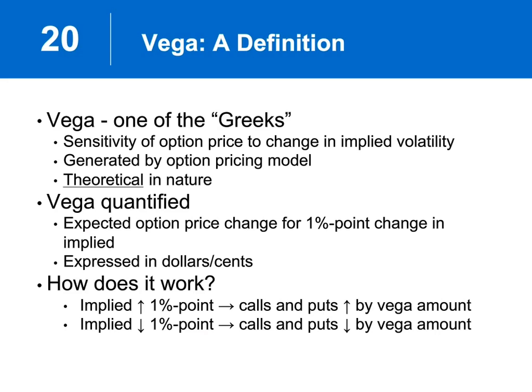As the implied moves up, in our example, 1 point, both the call and puts move up by whatever number is coming out of the model. Conversely, to the downside, if implieds drop by 1 or more percent, and that happens all the time, that's why I love Vega so much, because depending on the underlying, Vega in all underlyings doesn't move a great deal, but in many of them it does.